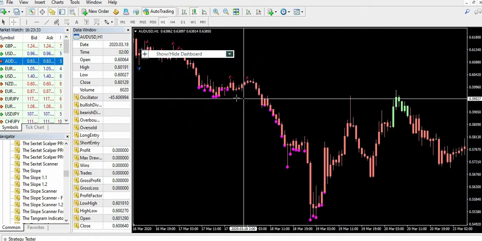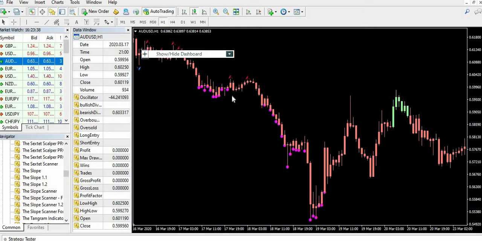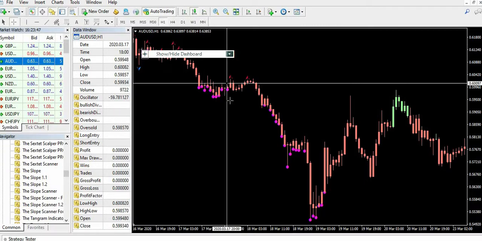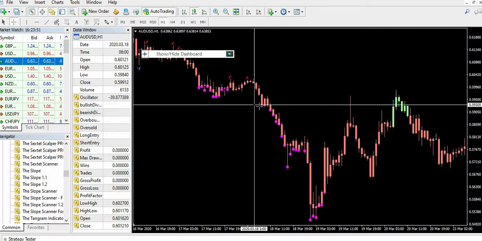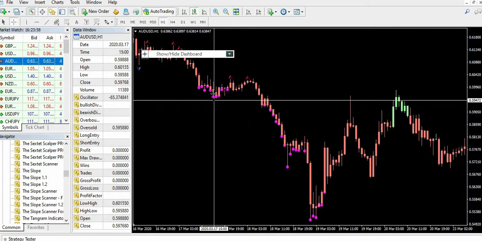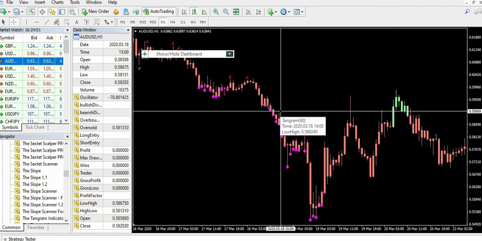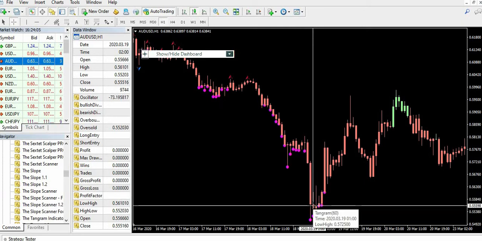And if the value goes below 40, because when we set our level to 60, the symmetrical equivalent that indicates the oversold area is 40. If we set it to 70, it's 30. And these magenta circles here, the pink circles, indicate that the price is in oversold territory.